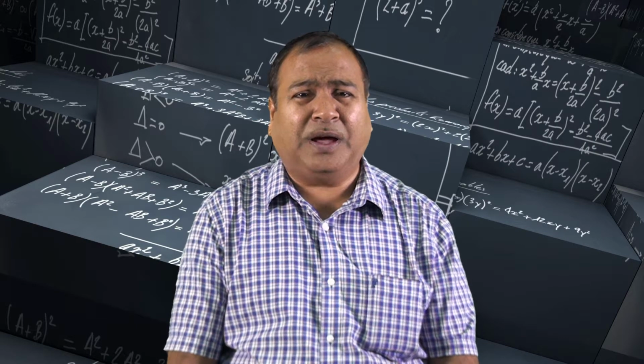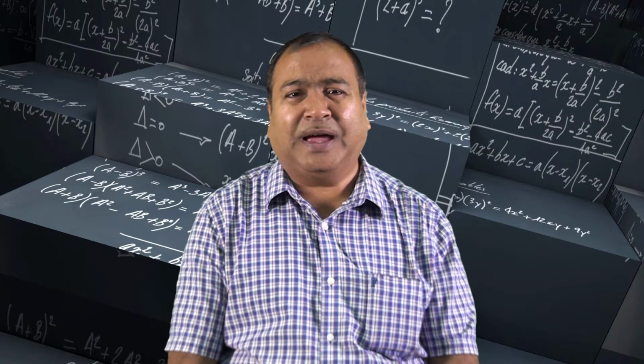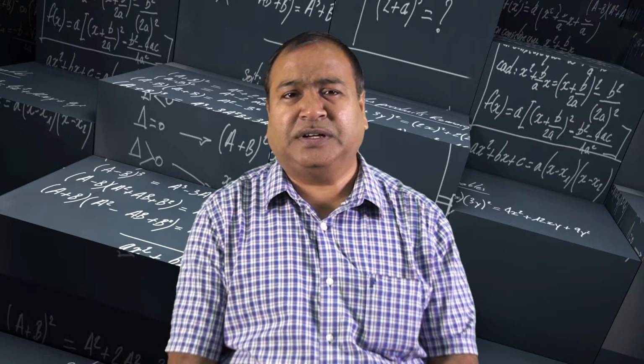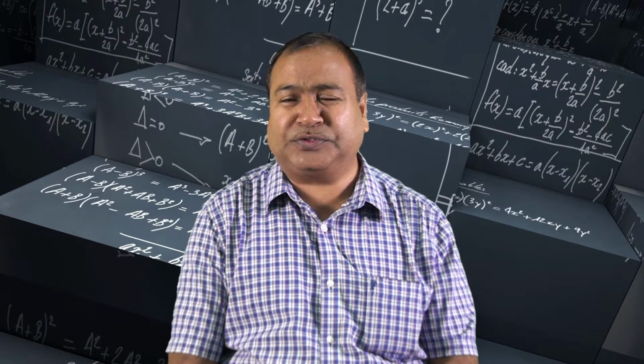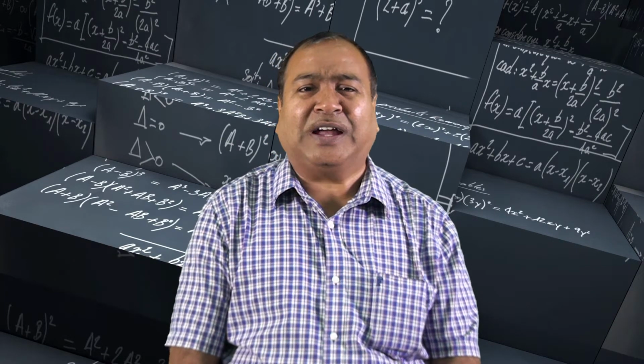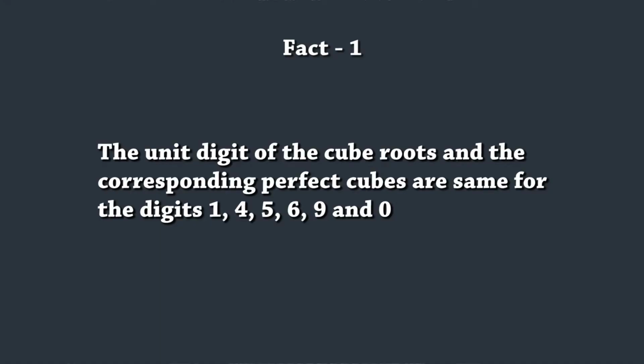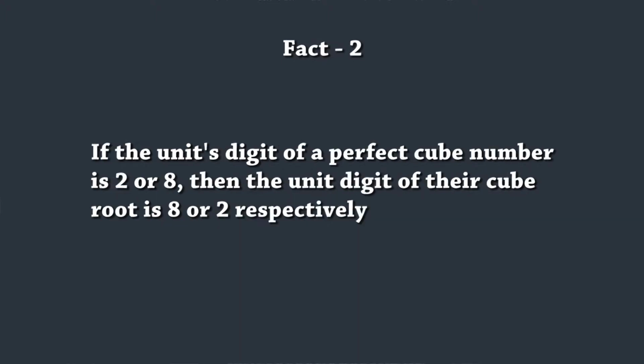Also, we observe the following facts about the units digits of perfect cube numbers and their cube roots. Fact 1. The unit digit of the cube roots and the corresponding perfect cubes are the same for the digits 1, 4, 5, 6, 9 and 0. Fact 2.